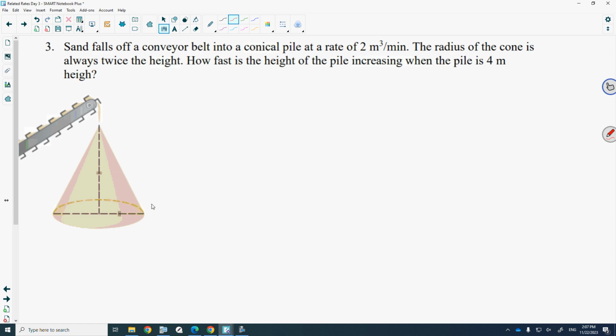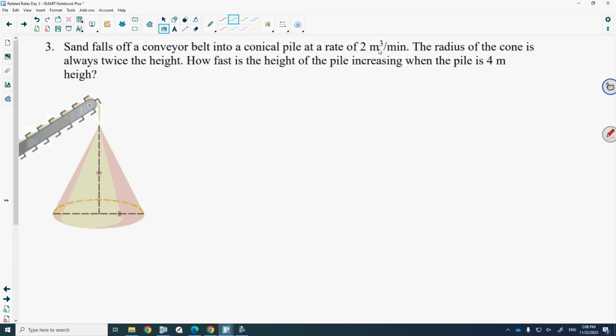Okay, so let's look at the cone questions. Here's what happens with the cone questions. Imagine that sand is falling off a conveyor belt. And what would happen is the sand would pile up in a conical shape, right? If you have a whole bunch of sand just falling onto the ground, the sand would eventually form like a conical shape. And so it says sand falls off a conveyor belt into a conical pile at a rate of 2 meters cubed per minute.